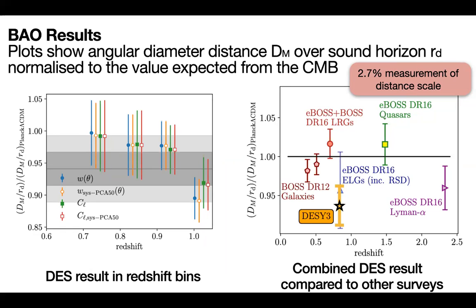Yeah, so okay, I guess I'm just trying to understand why you have any sensitivity at all. So you're measuring DA, but you're smearing out over some redshift bin, right? And your redshift bin is what, like 10% or so in width, is that right?